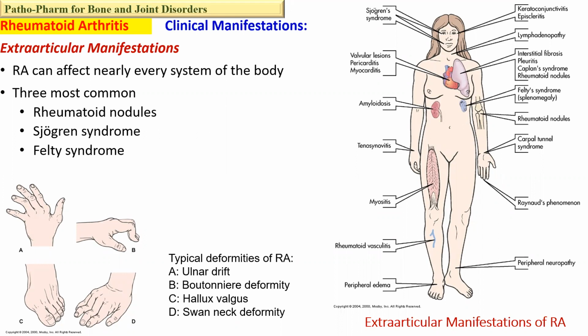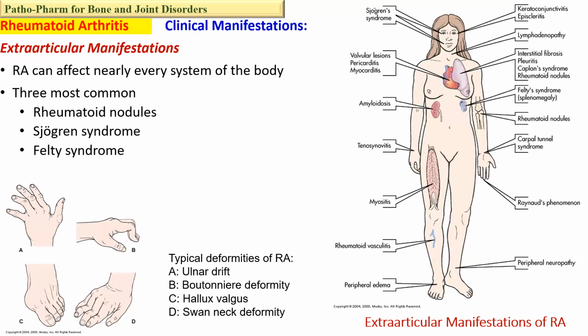Rheumatoid nodules develop in about 25% of all patients with rheumatoid arthritis, who usually have high titers of rheumatoid factor, RF.